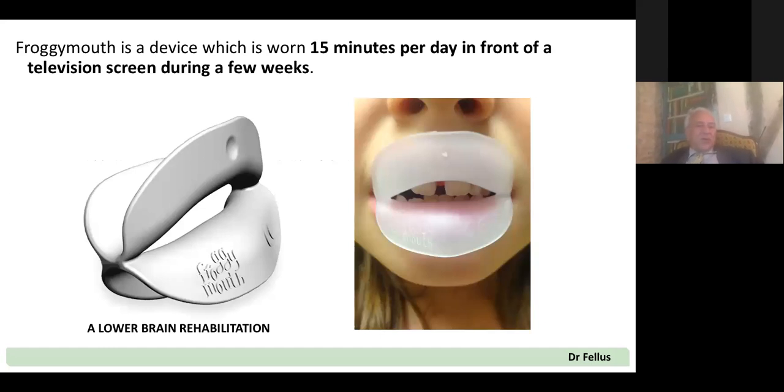So Froggymouth is a device which is worn only 50 minutes per day in front of a TV, so the children don't pay attention to what happens, and only for a few weeks. When you put the appliance between the upper and the lower lip, the child tries to swallow, but it's impossible because without a seal it's impossible to have suction, deglutition, swallowing.